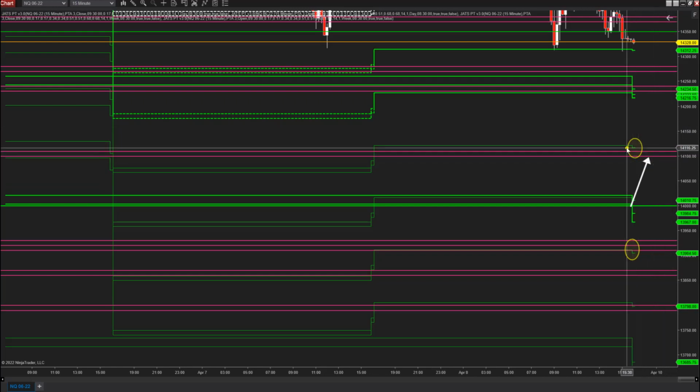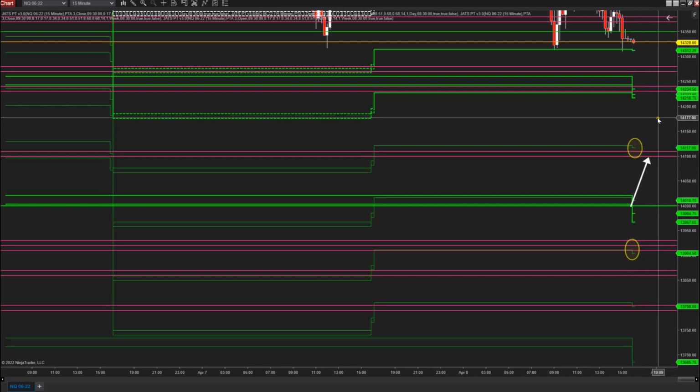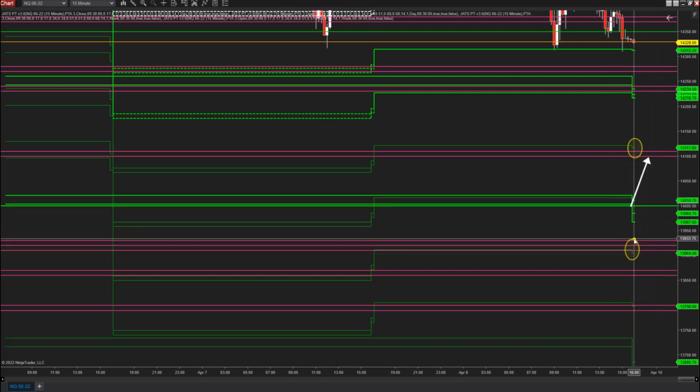But so here is an obvious level. It may break through it to get to the weekly levels. Not saying it's going to do that Monday, but by the end of the week. And then if we break the weekly levels, this is where it will end up, the first touch.